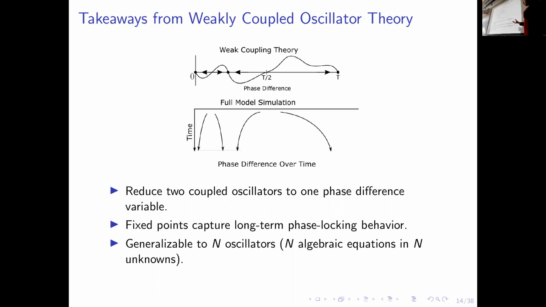Unstable just means that if you start close to that phase difference, you move away from that phase difference. So it does capture the instability when things are locked in phase differences.